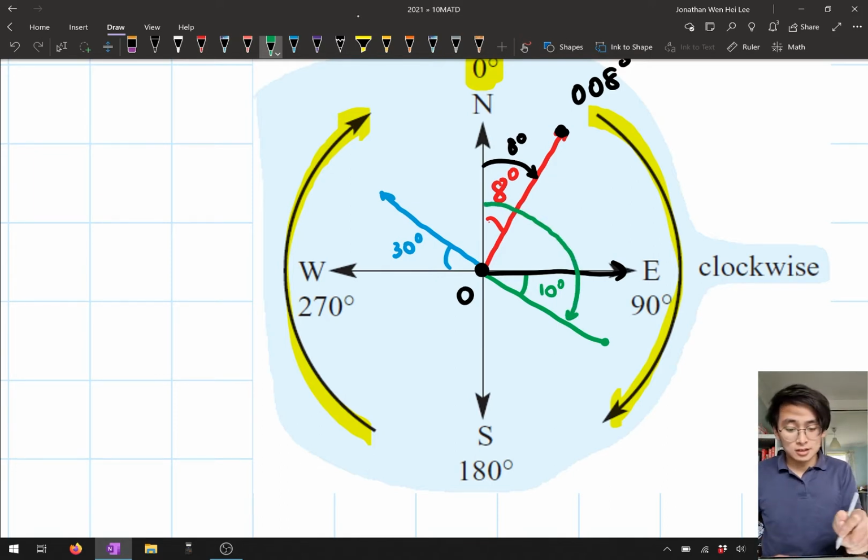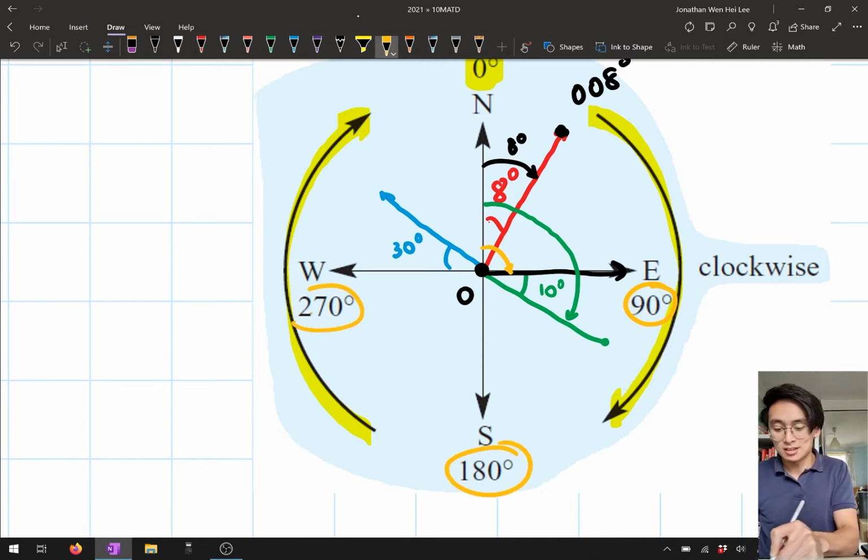The angle to get from north to east is just 90 degrees, so east is 90 degrees. All my other directions are also 90 degrees apart: south is 180 degrees and west is 270 degrees.